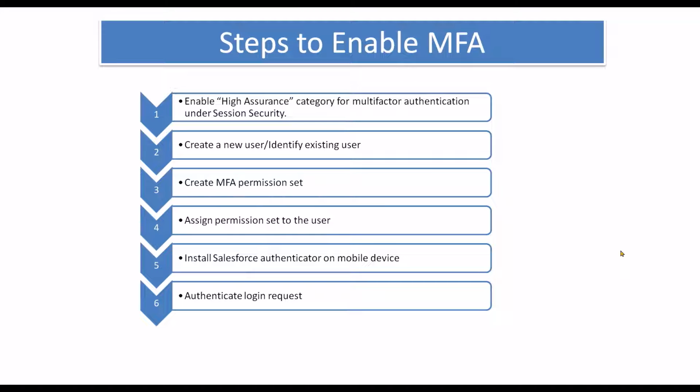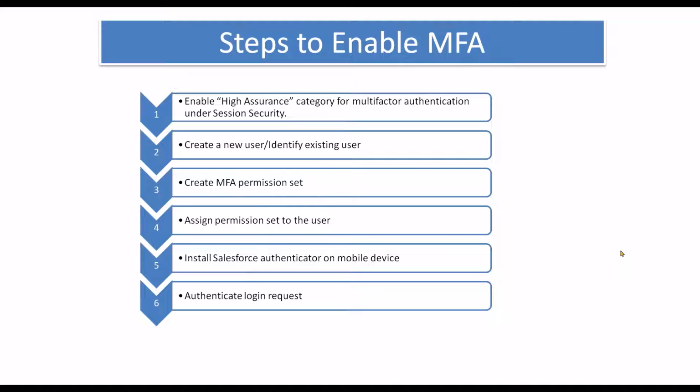These are the high-level steps that we need to follow to enable MFA in our Salesforce organization. The first step is to enable high assurance category for multi-factor authentication under session security. Then we create a new user or identify an existing user targeted for multi-factor authentication. Next, we create a multi-factor authentication permission set.